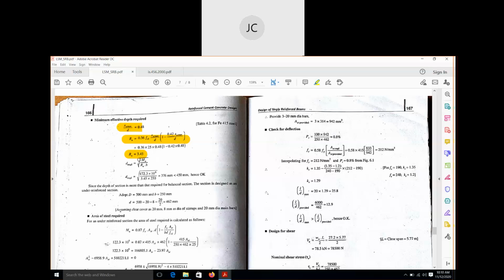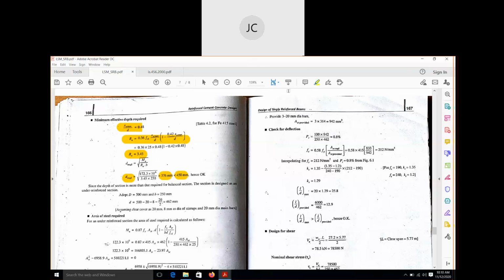D required will be calculated by this formula. Mu is our design moment, Ru is already calculated here, and B is the width of the beam. After putting all the values, we have got the D required, that means the effective depth required, is 376. But in this problem, after assuming, we have the effective depth as 450.